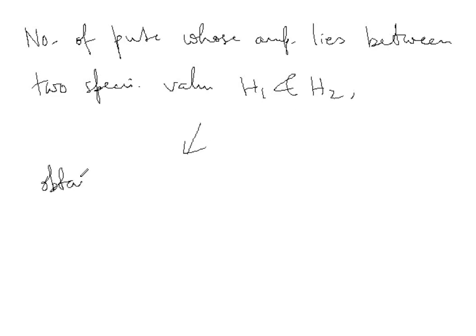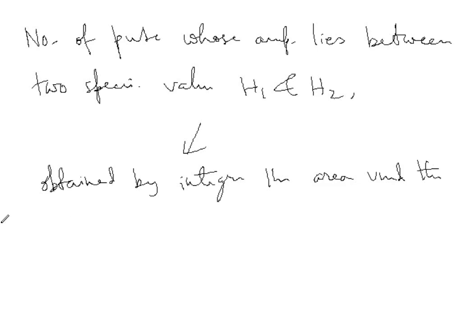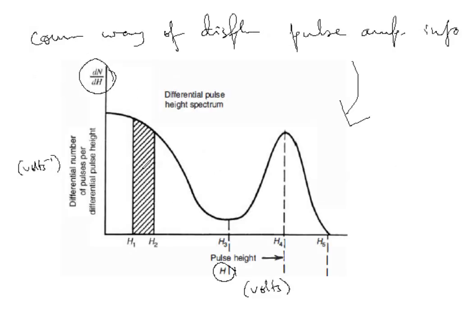It can be obtained by integrating the area under the distribution between H1 and H2, as I am showing here in this figure.